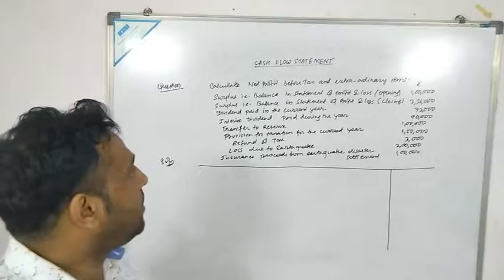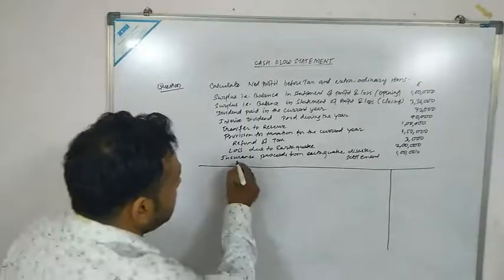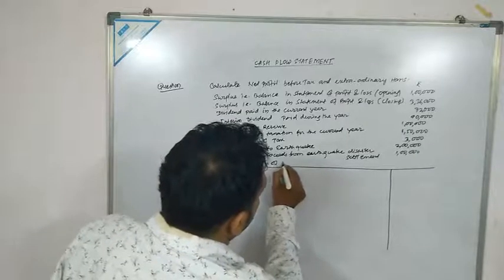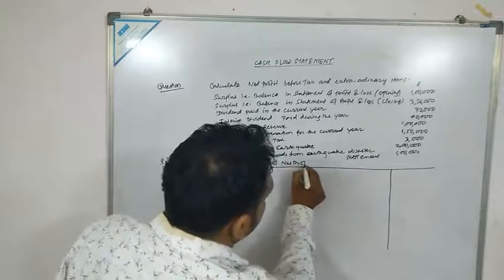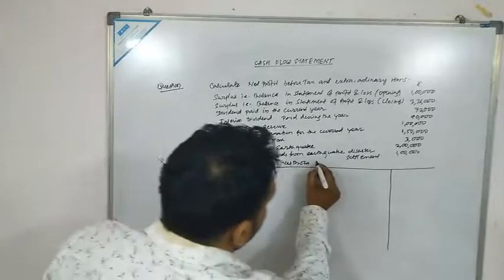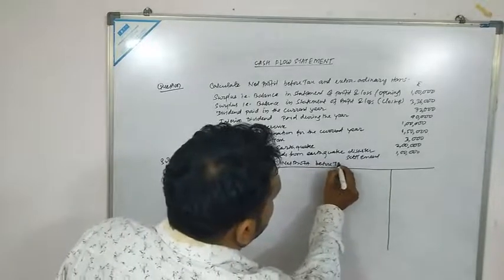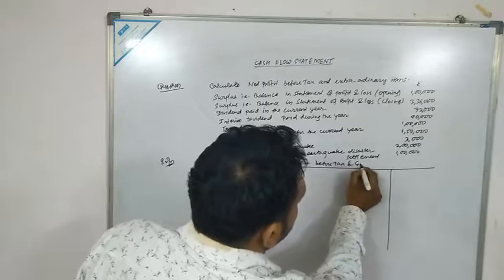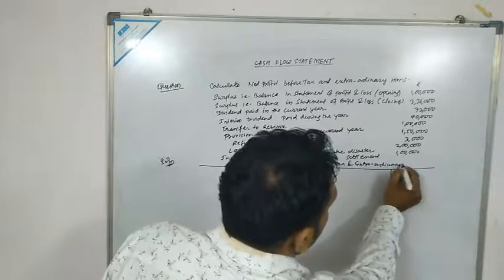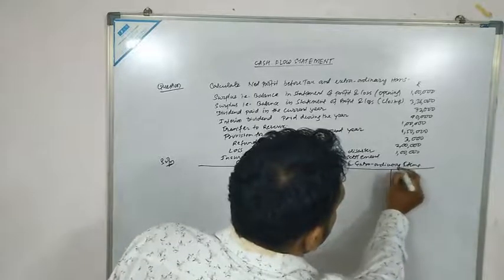Okay, and we are required to calculate your net profit. So here you write calculation of net profit before tax and extraordinary items.